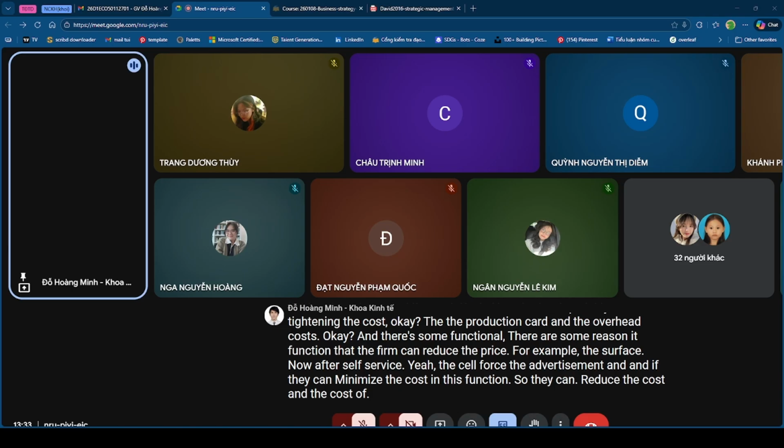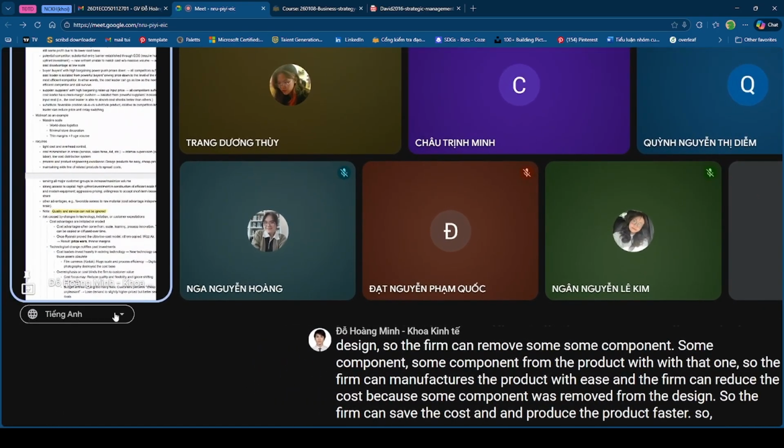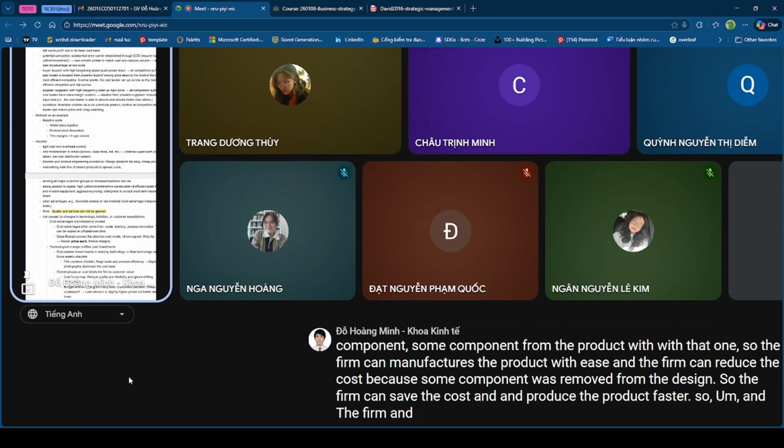So the firm can save cost and can produce the product faster. So the firm can serve the majority of the customer groups in the market.